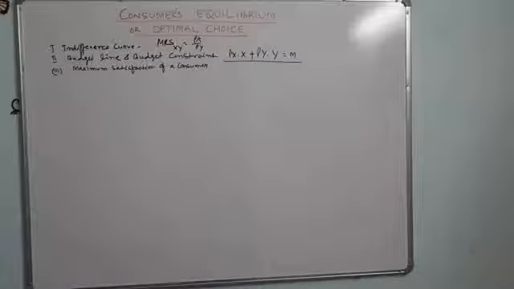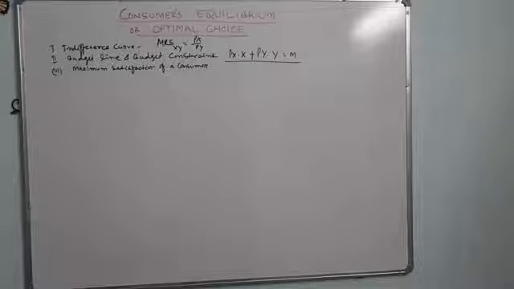Similarly, in the indifference curve approach, we have already said that marginal rate of substitution of X for Y equals Px upon Py, and the marginal rate of substitution decreases. That was the analysis in our examples.